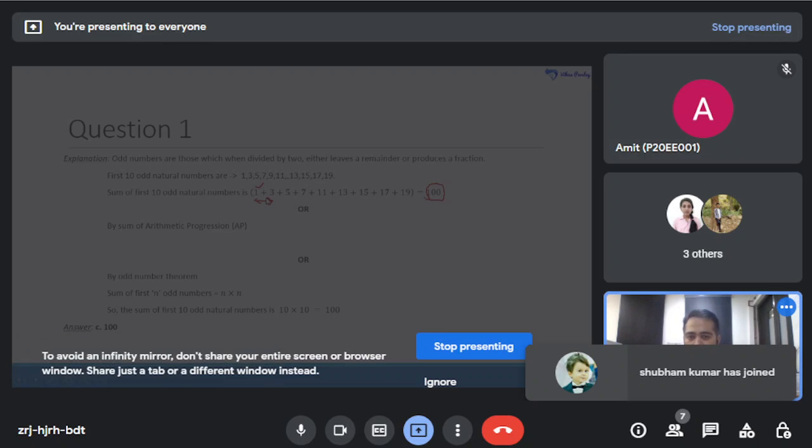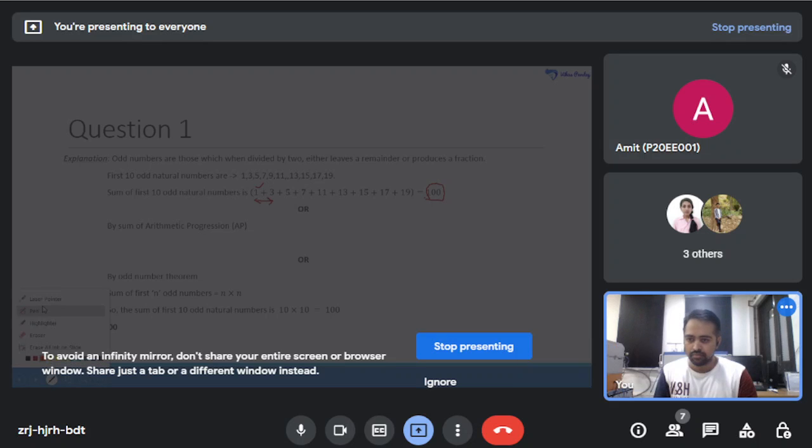The first term is 1 and the last term is 19.